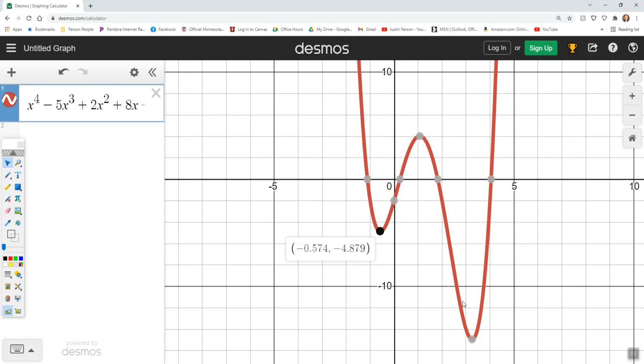So these are local minimums, right? Write those down for your local minimums. You guys have your 2 local minimums down?